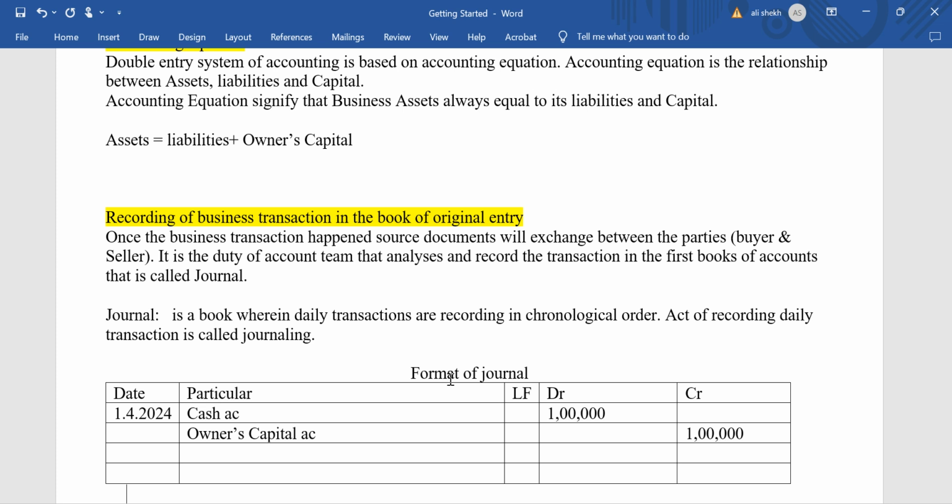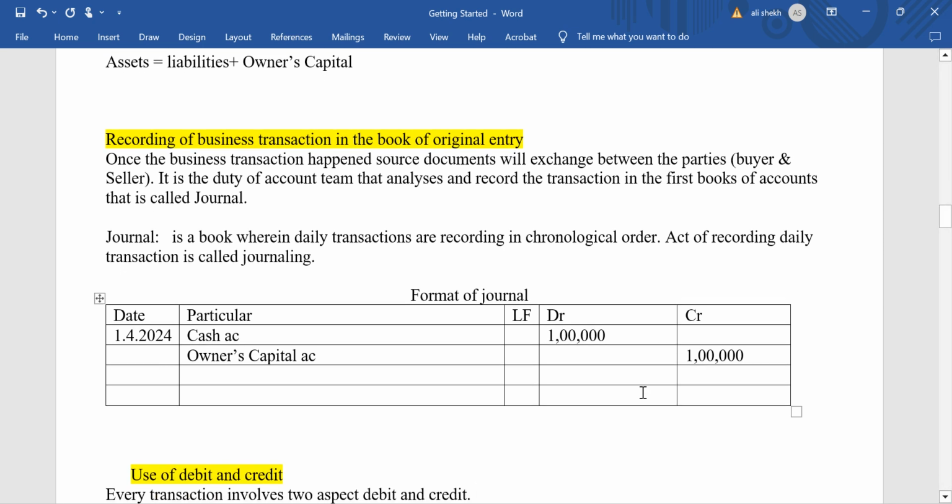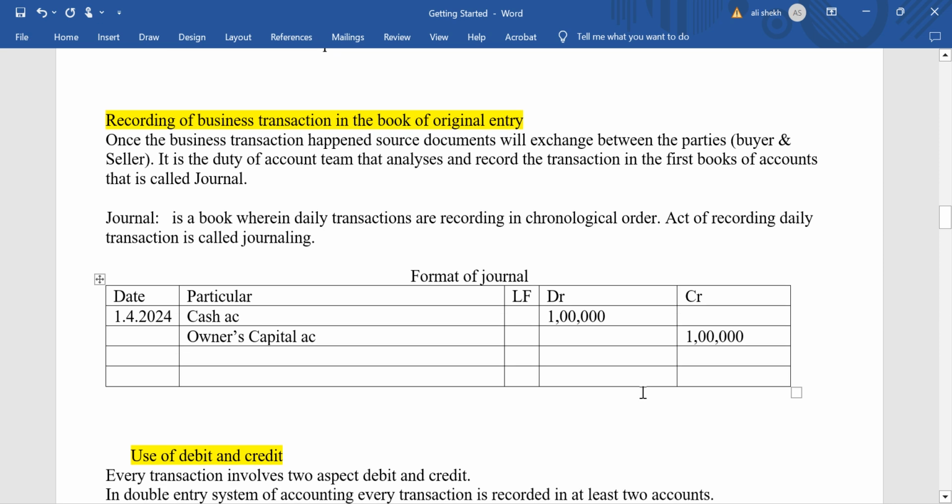Format of journal. So you will see date, particular, LF, debit amount and credit amount. For example, of the above entry: cash account debit, owner's capital account credit.